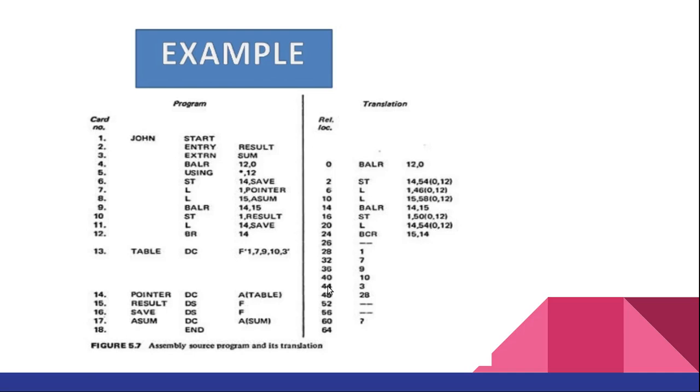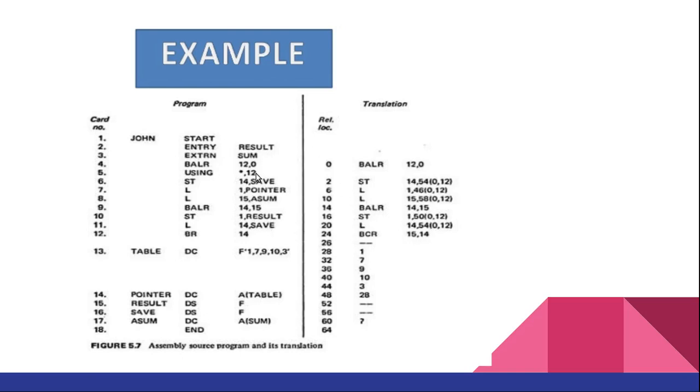Now we'll see an example of designing the direct linking loader. We can see I have a source program on the left side and the right side contains the corresponding object program. The first line indicates the name of your segment, that is John, followed by the symbol result declared using the ENTRY pseudo opcode, which means the result symbol is declared within the present program but referenced in other programs.